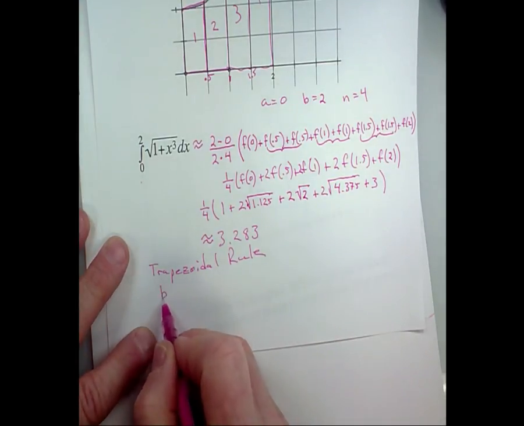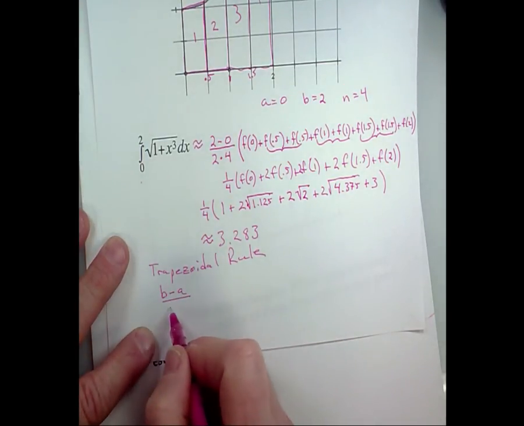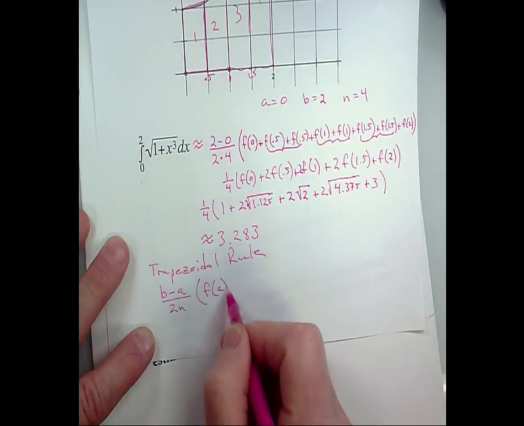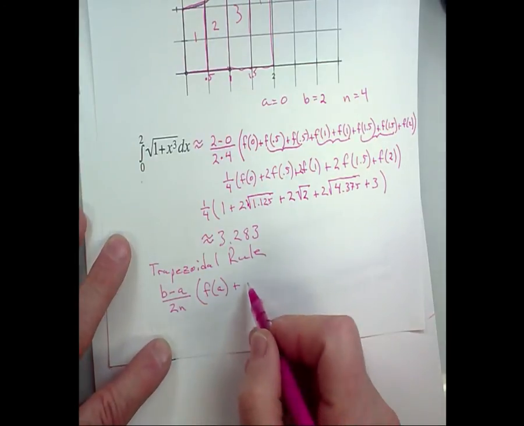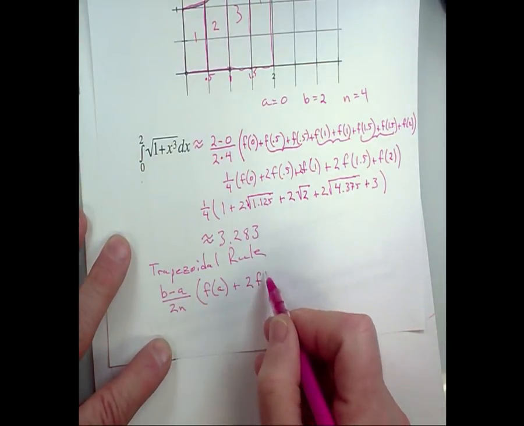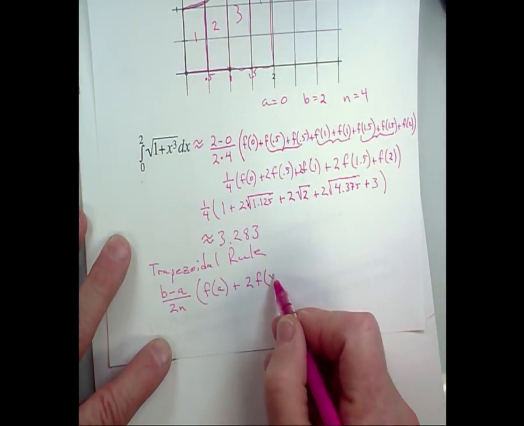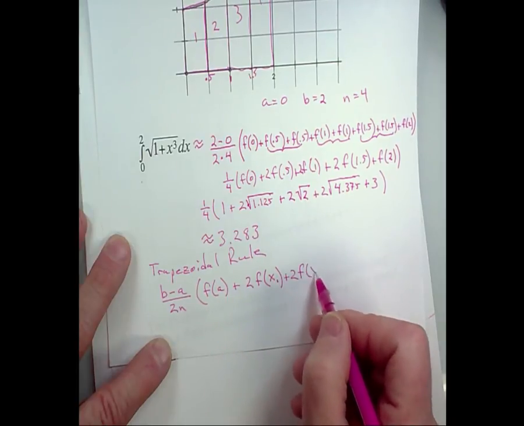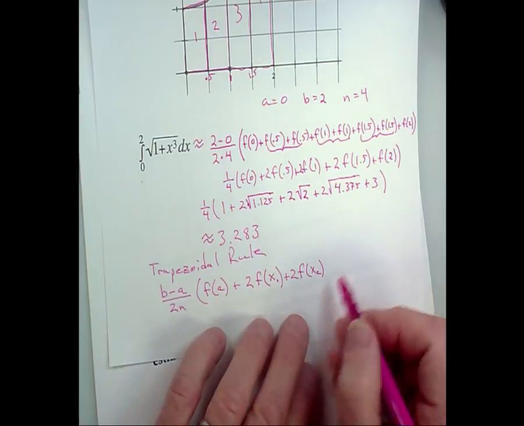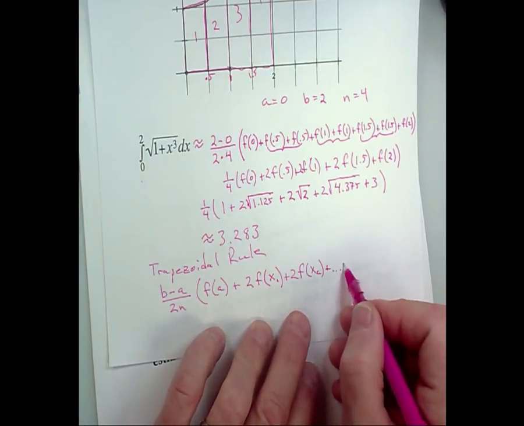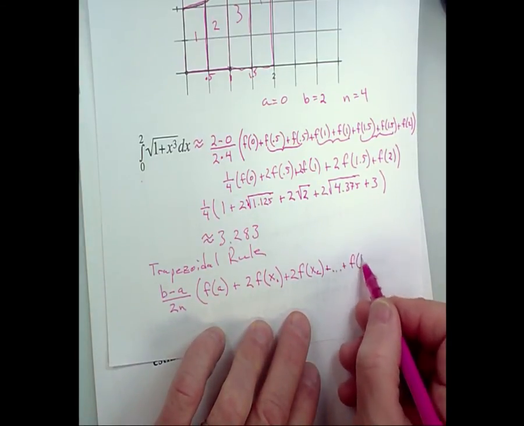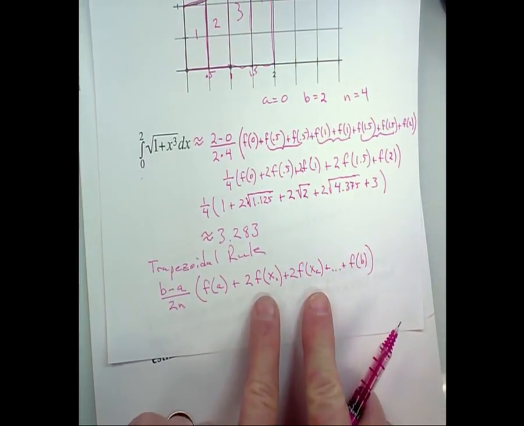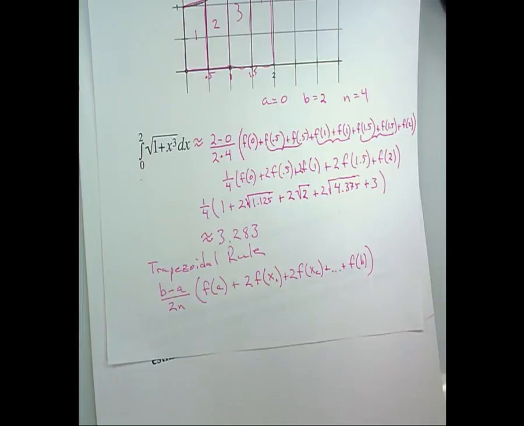Okay, it's b minus a over 2n times f of a plus 2f of x sub 1 plus 2 times f of x sub 2 plus ... till you get to f of b. Those middle terms will all be doubled. Are we okay with that?